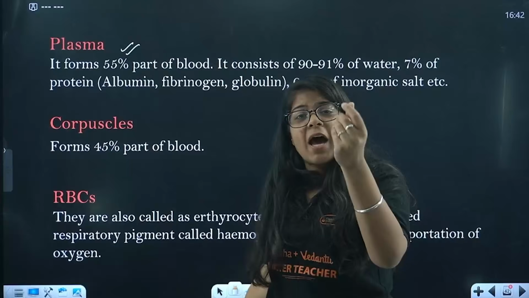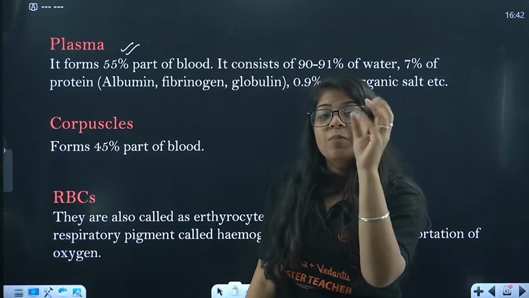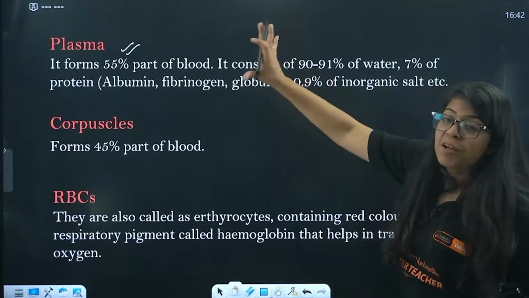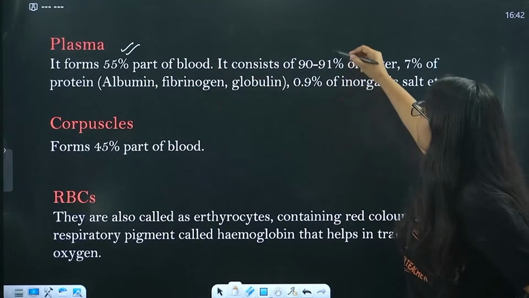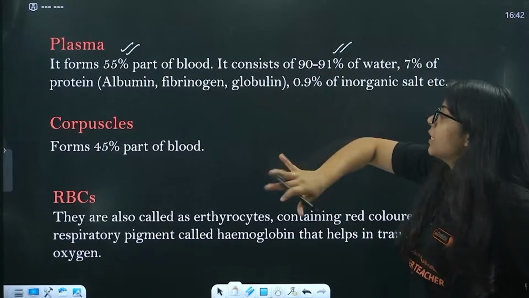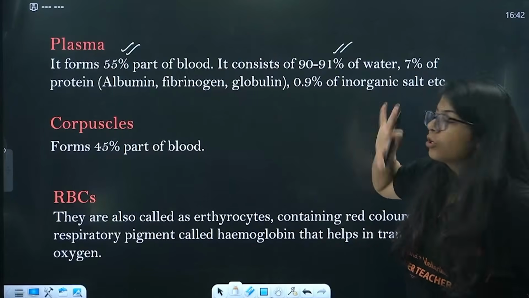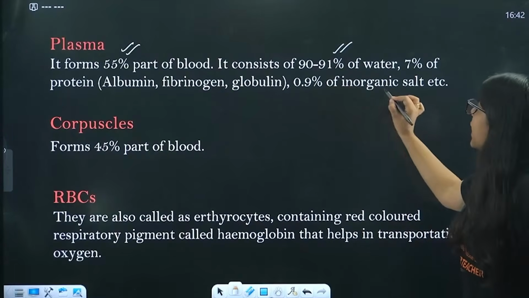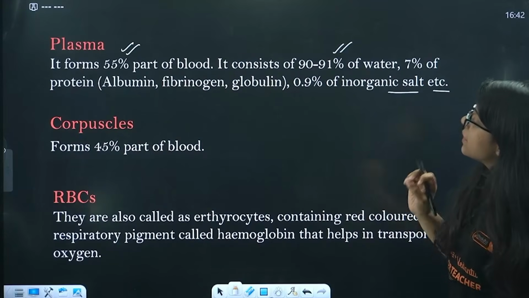That is not all RBCs. Plasma is that liquidy part. It consists of 90 to 91% water, 7% proteins like albumin, fibrinogen, globulin, and 0.9% inorganic salts as well.